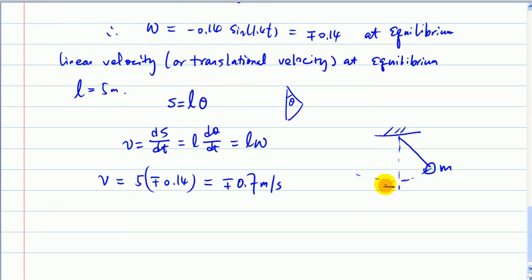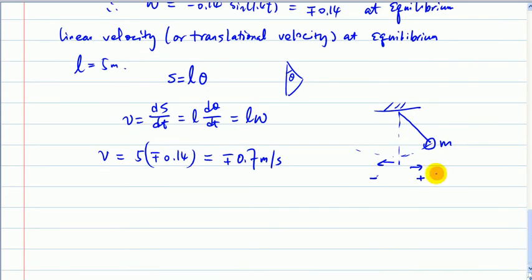When it's going this way, it's a negative value; when it's going this way, it's a positive value. Generally, counterclockwise is thought of as a positive angle or positive velocity, and clockwise as negative. That's how you get the linear or translational velocity for this kind of rotational motion.